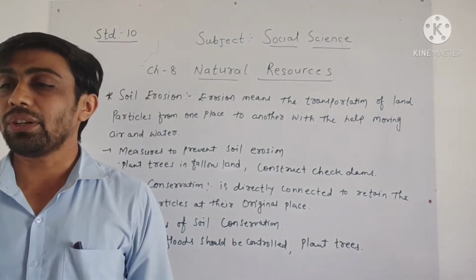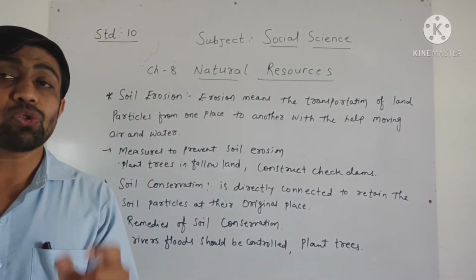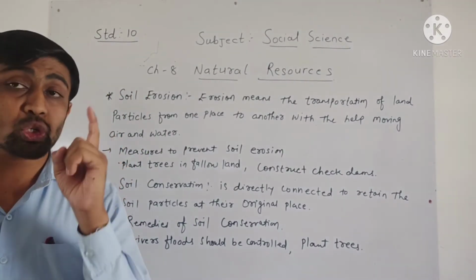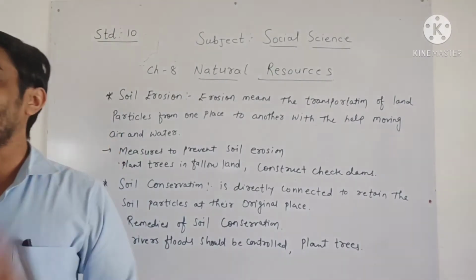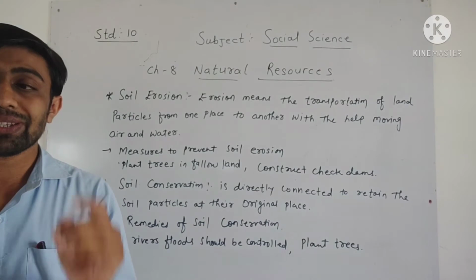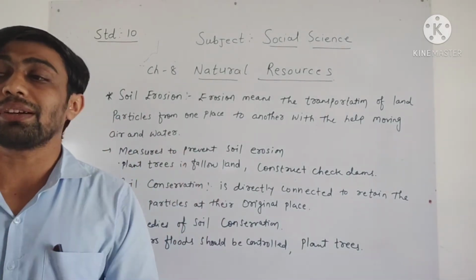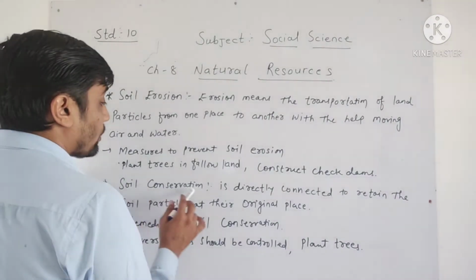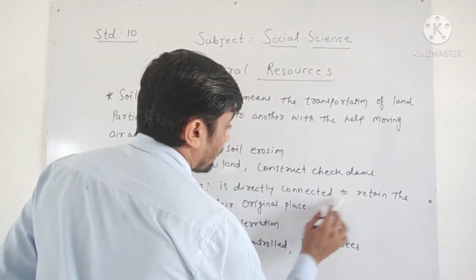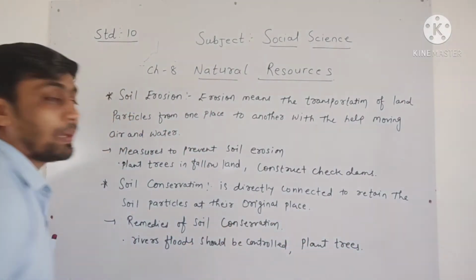They are saying that we have to stop the soil erosion as well as maintain the soil quality. Soil conservation is directly connected with retaining the soil particles at their original places.